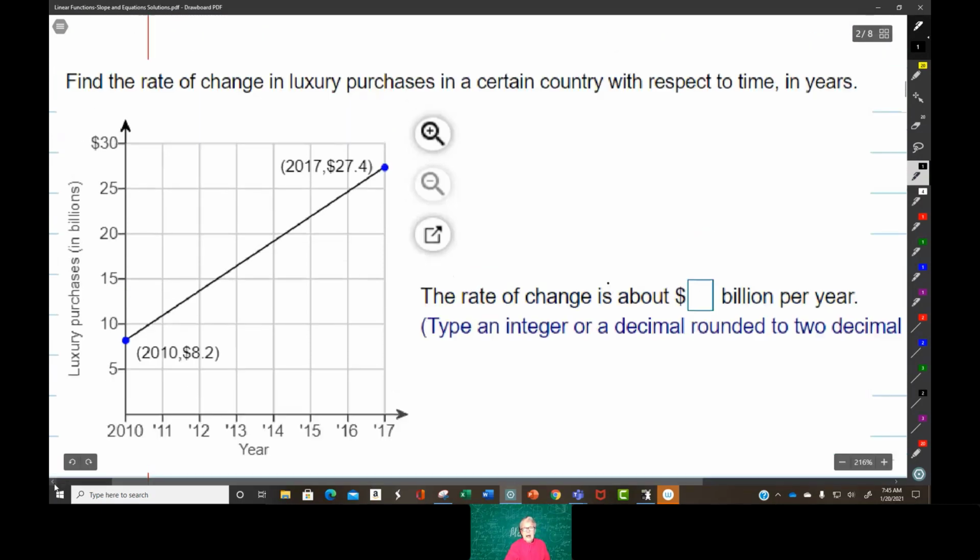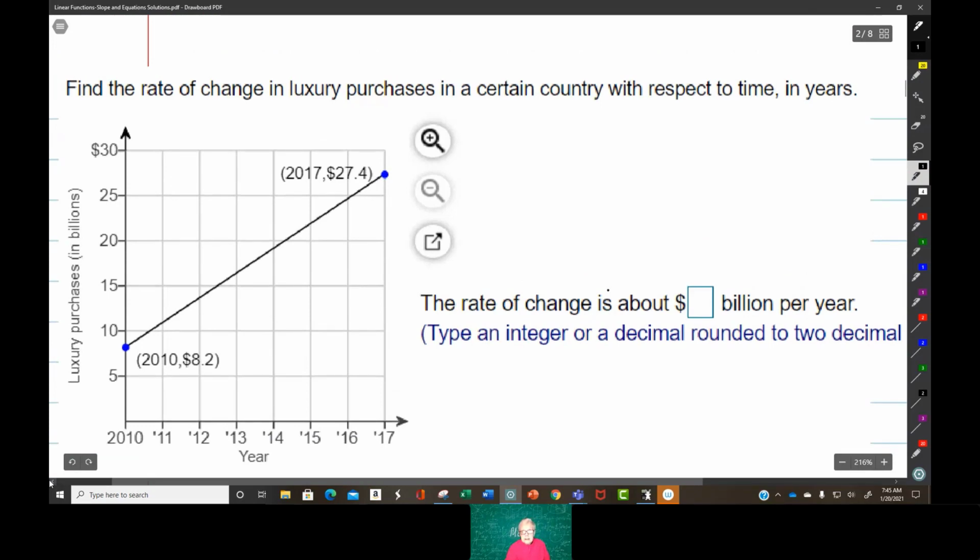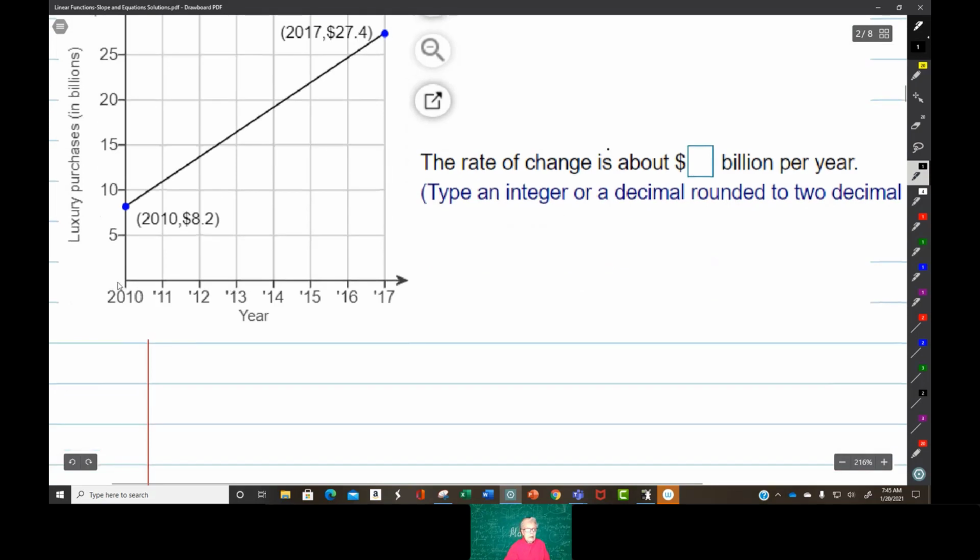We're being asked to find how fast, obviously that's an increasing line, how fast did luxury purchases grow from 2010 to 2017? We're going to use an old friend enemy, the formula for the slope of a line.